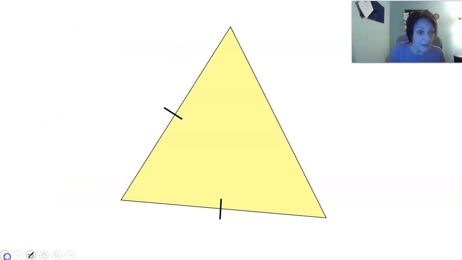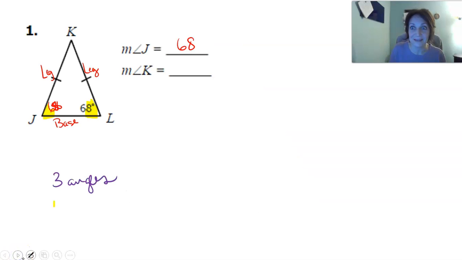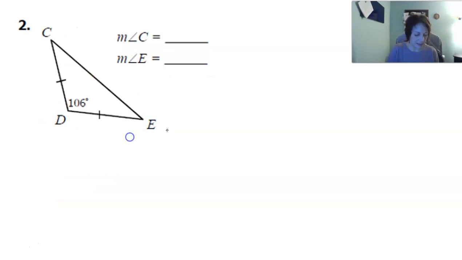Okay? All I have to do is get to the right slide and do a little bit of arithmetic. Okay. So I've got 68 and 68 here. 68 plus 68 is 136.